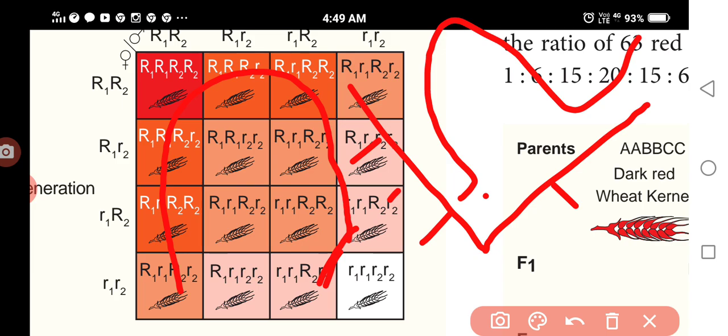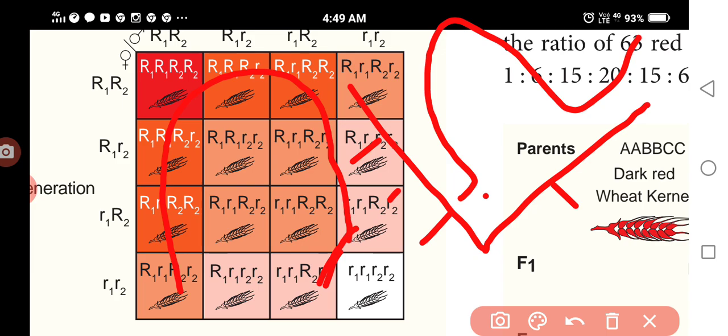In conclusion, the loci studied by Nilsson-Ehle were not linked and were independently associated with the other genes. So these are multiple gene interactions.